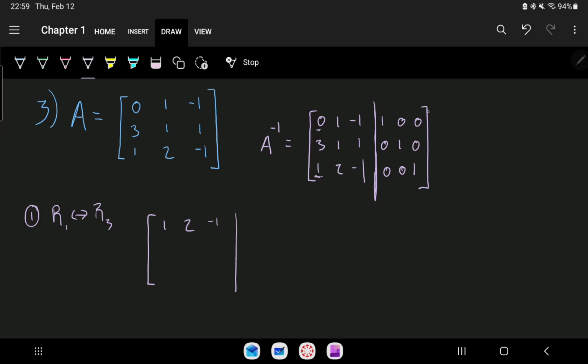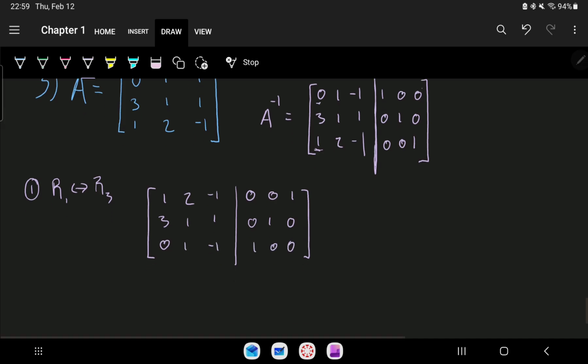And I'm also going to interchange the rows on that right side. All right, from here, I can do -3 times R1 plus R2 to get the new R2.